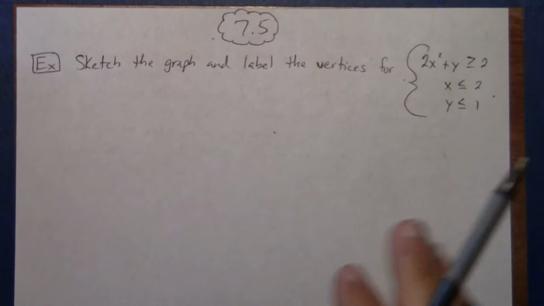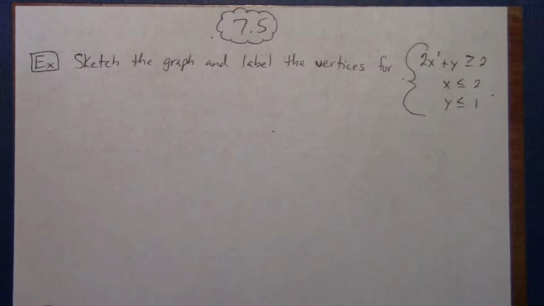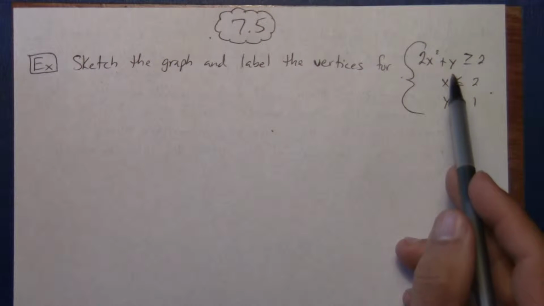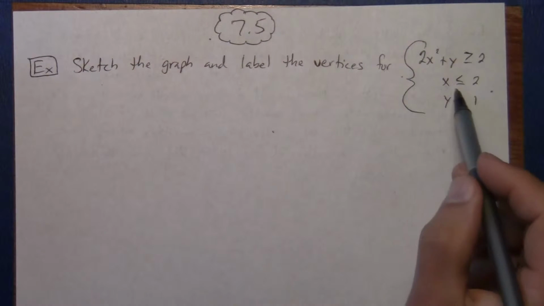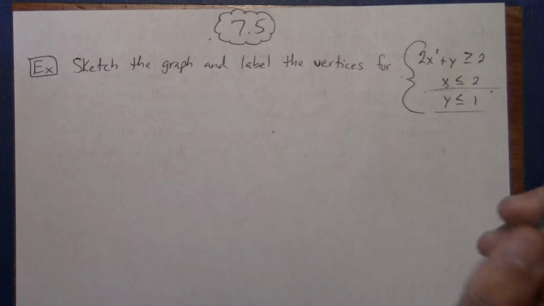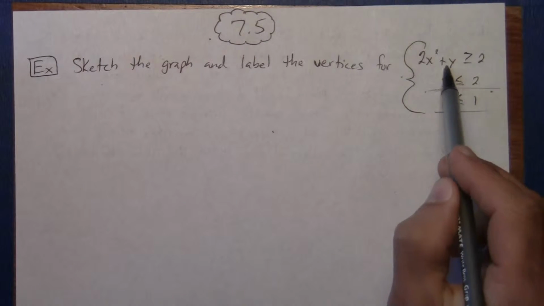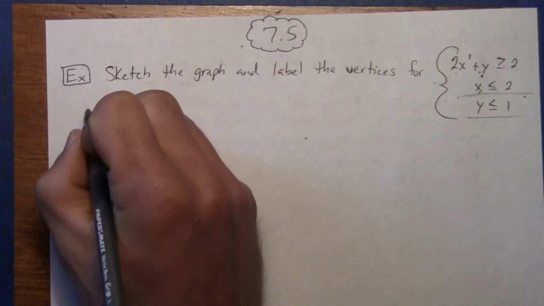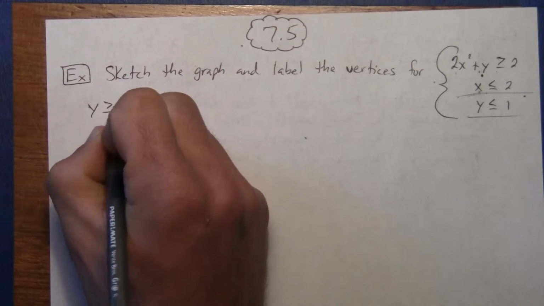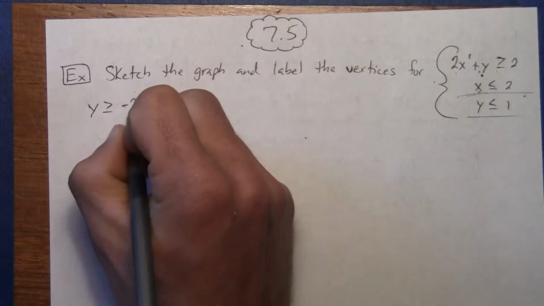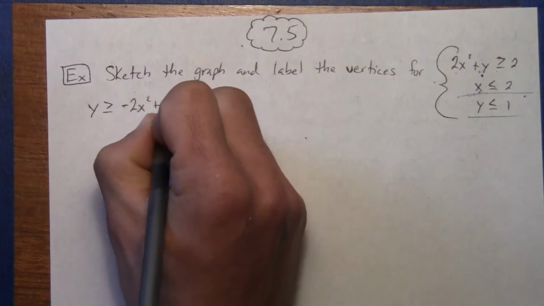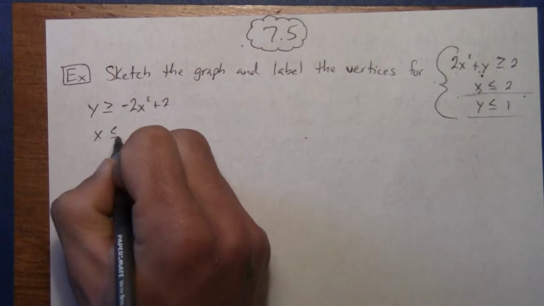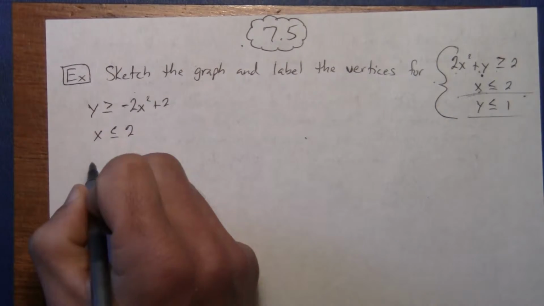So looking at the first one, I recommend that if you have y in the inequality that you isolate it for y. So I'm going to rewrite these inequalities. This second and third one, those are fine, but that first one I would probably write as y is greater than or equal to negative 2x squared plus 2, and that's what I'm going to do here. So here are my inequalities. Y is greater than or equal to negative 2x squared plus 2, and then since there's no y in the second inequality, that's fine to have x isolated.